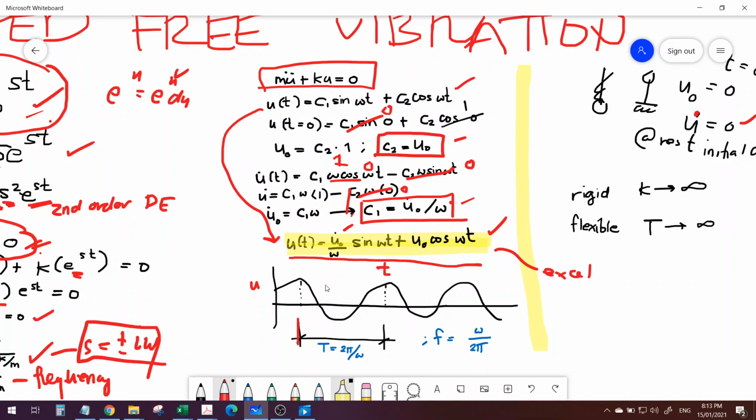The distance between this point and this point is what we call the period, which is 2 pi over omega, because frequency is equal to omega over 2 pi. Since omega is the square root of k over m, our period is equal to 2 pi square root of m over k.